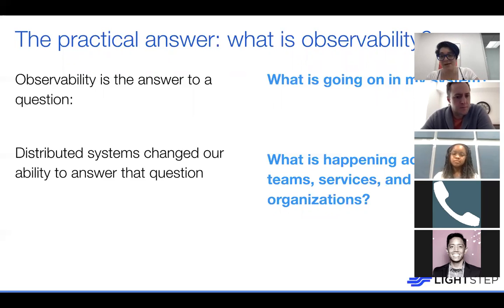Or what's just happening with the team on the other side of the room? These are all tough questions, and this is the reason observability matters to us and why we have to understand it. Most of us live in systems that are distributed to some degree, even if it's small, and that limits our ability to see what's going on.